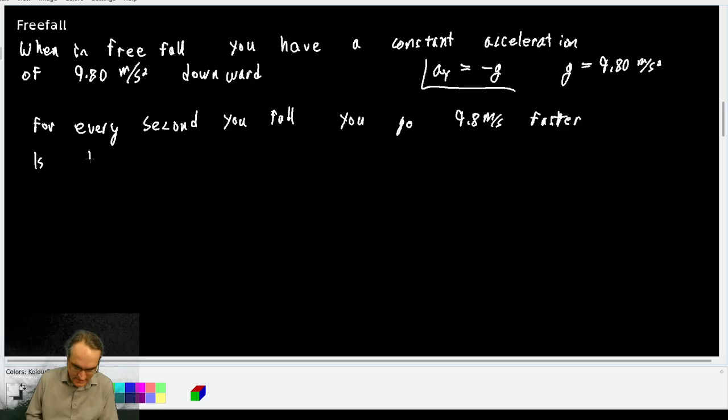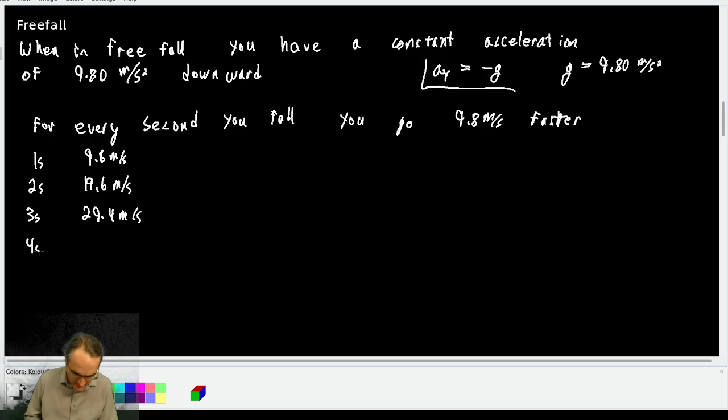So at 1 second, 9.8 meters per second. At 2 seconds, you'd be at 19.6 meters per second. At 3 seconds, let's say 3 times 10 to ballpark, and then we'll subtract 3 times 0.2. So that's going to be 29.4 meters per second, and so on.